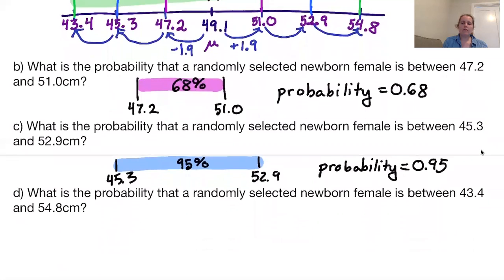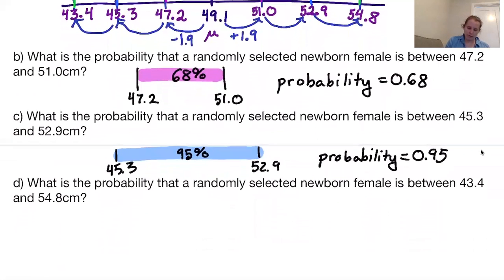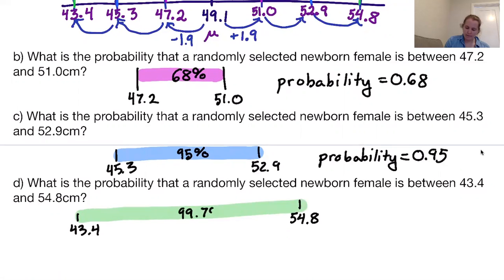And then if we look between 43.4 and 54.8, that was that region I highlighted in green, which was 99.7% of the data, or a probability of 0.997.